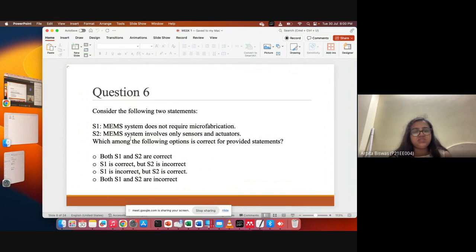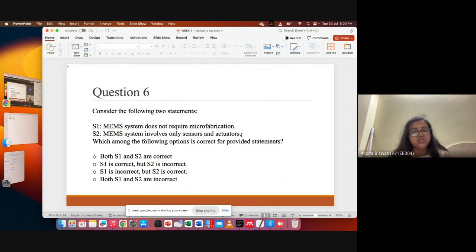So MEMS system does not only involve the sensor and actuator. It can be used in different systems, like in fabrication. You can use the MEMS technique, microelectromechanical system, not only for sensors and actuators. Your explanation of what a sensor and actuator are is right, but it is not only used for that.